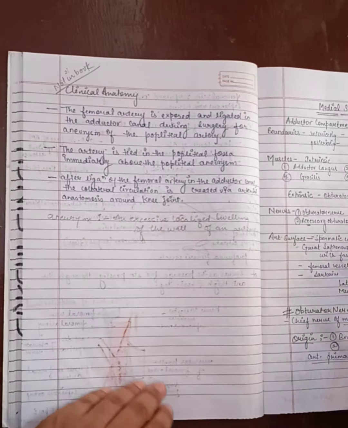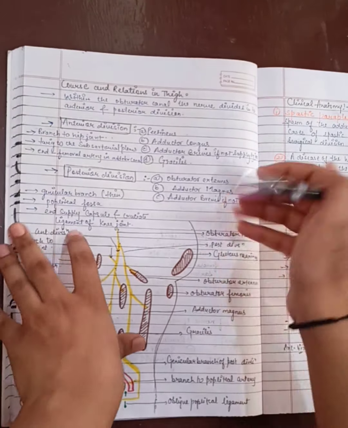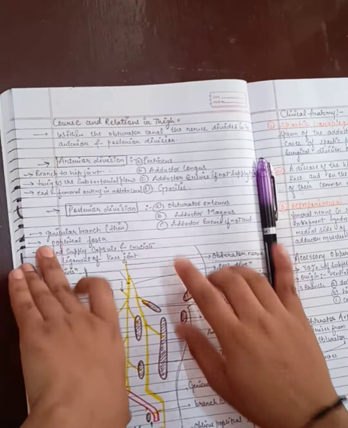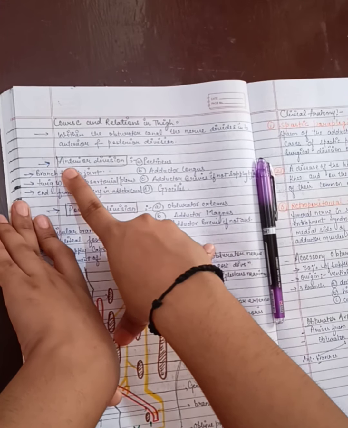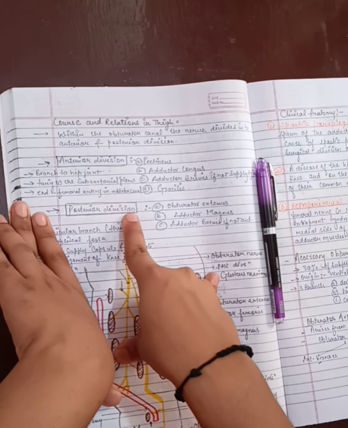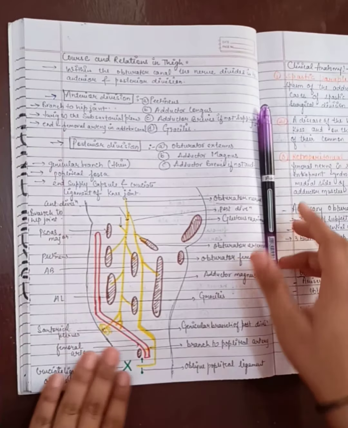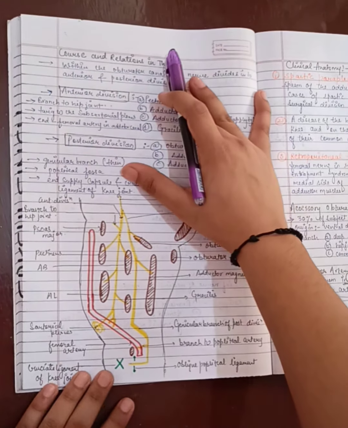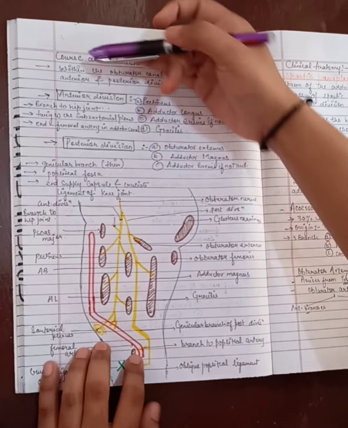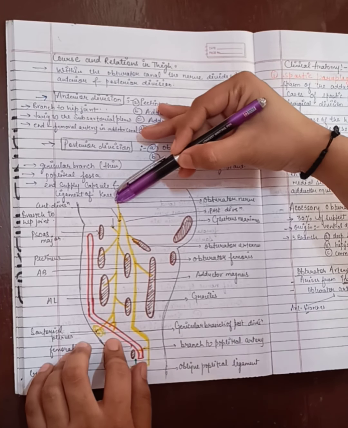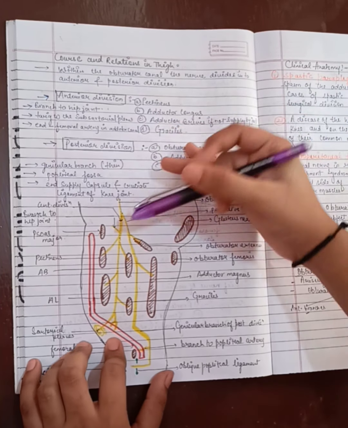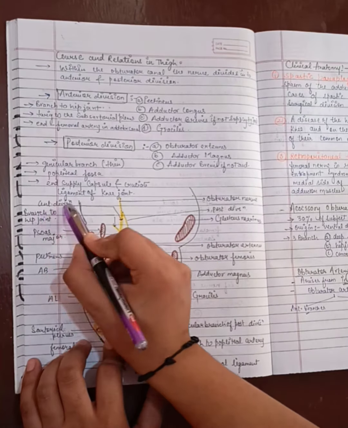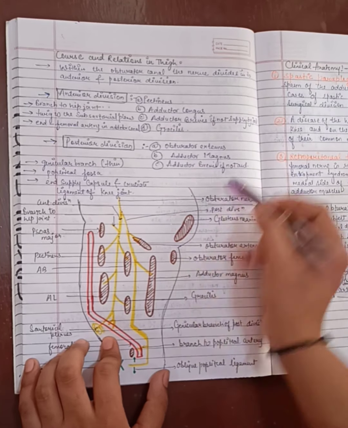So obturator nerve further has two divisions, that is the anterior division and the posterior division. So we see it from the diagram. Obturator nerve has two divisions, anterior division and the posterior division.